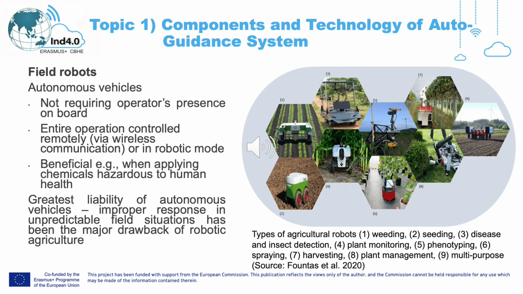However, the greatest liability of autonomous vehicles is that improper response in unpredictable field situations has been the major drawback of robotic agriculture. Otherwise, auto-guidance would have been recognized as the most promising option for today's farming operations.